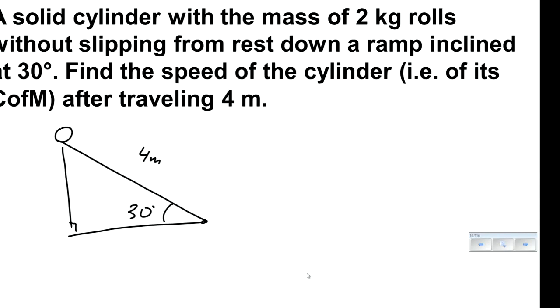Now, do we have anything like strings, hands attached to this cylinder? No. So we can just write that kinetic initial plus potential initial should be equal to kinetic final plus potential final.